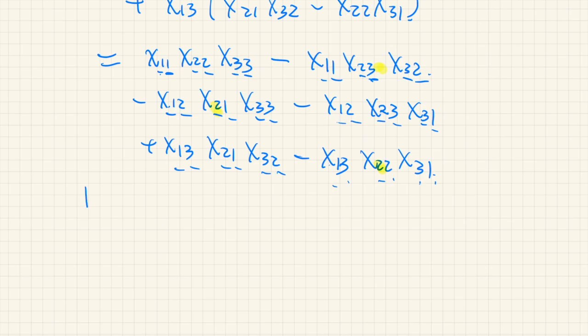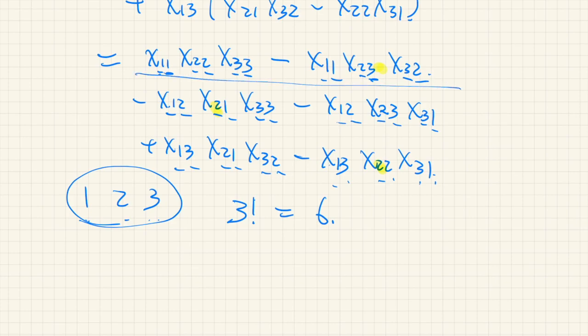Okay, if you permute 1, 2, 3, the number of possible orderings of these 3 numbers is 3 factorial, that is 6. So the row indices are ordered in this order. It's always 1, 2, 3, 1, 2, 3, 1, 2, 3, 1, 2, 3, right? In all these terms, it's ordered in the order of 1, 2, 3.